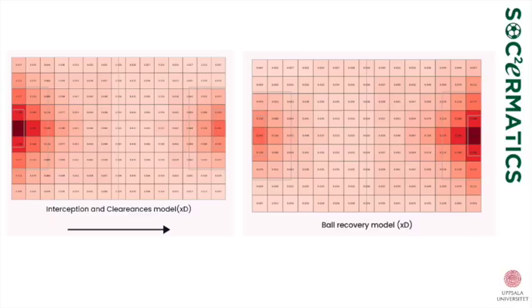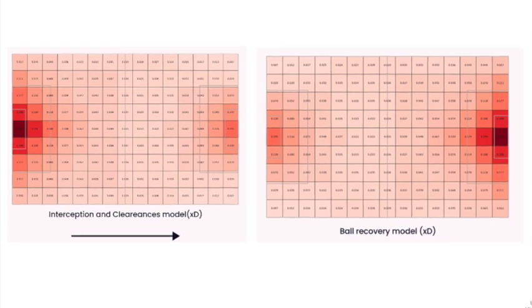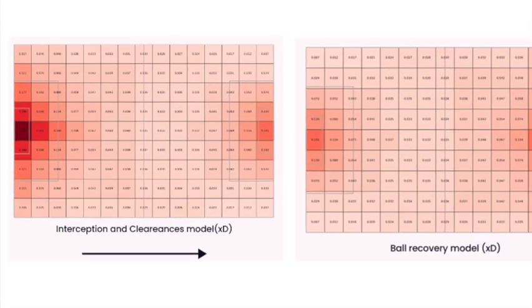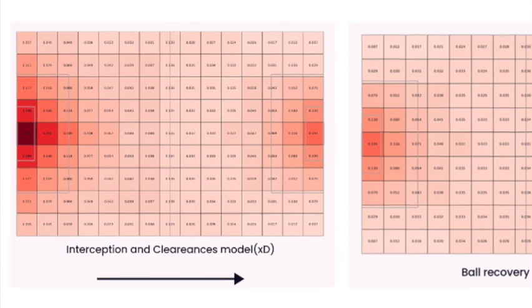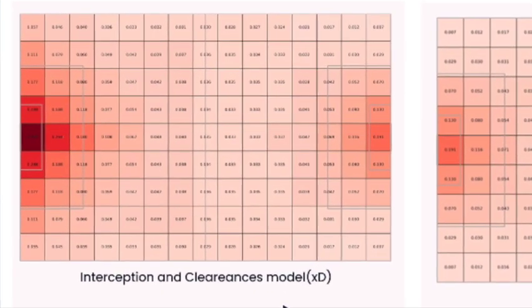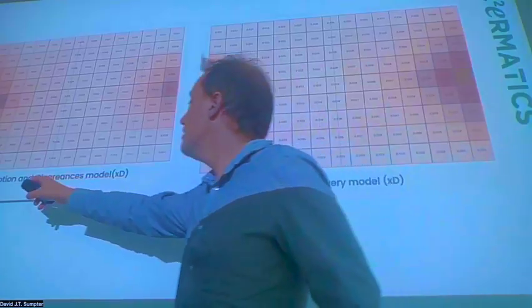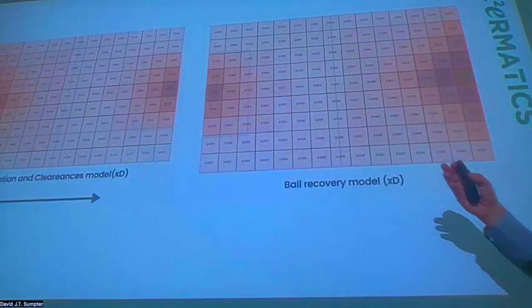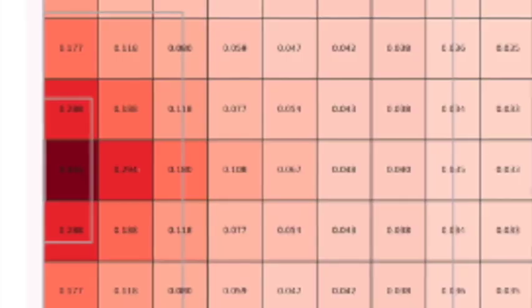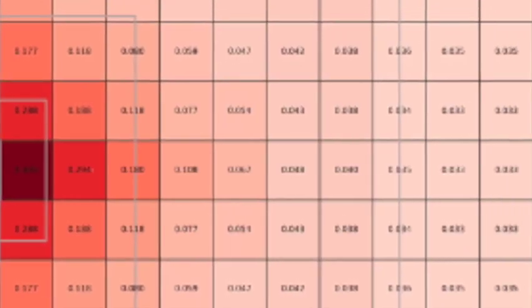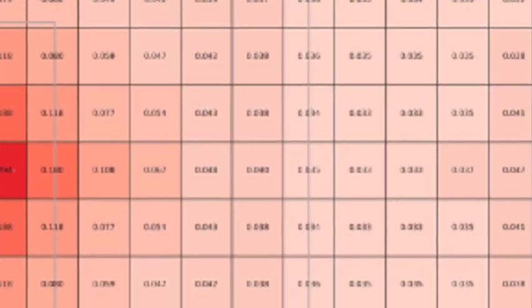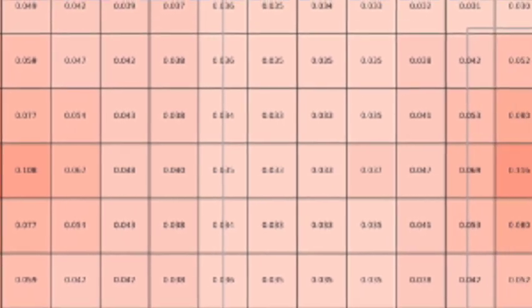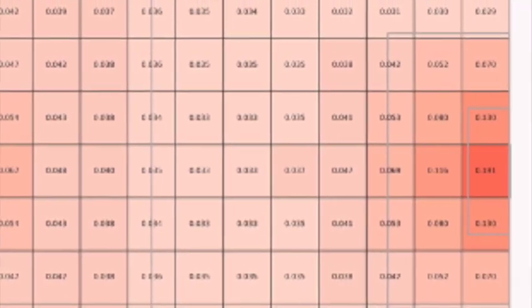And the model that we use at 12 assigns what we call expected defense, and it assigns values on interceptions and clearances in two different ways. One of them is to do with getting the ball back in your own box, which is highly valuable, but it's also very valuable to get the ball back in the attacker's half.